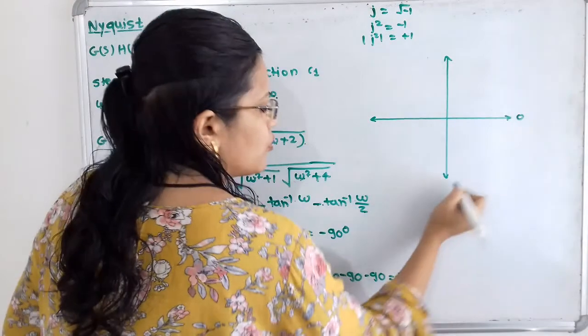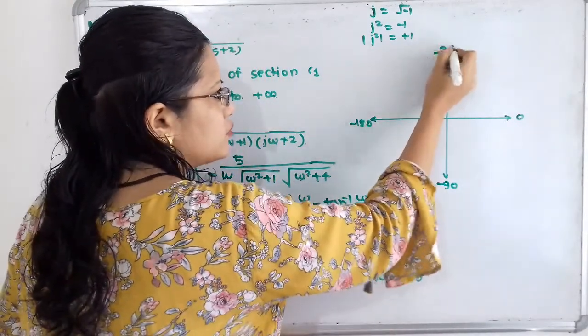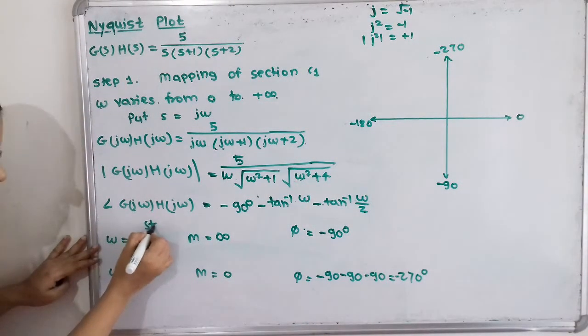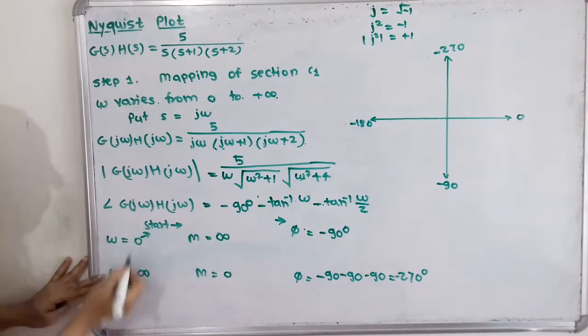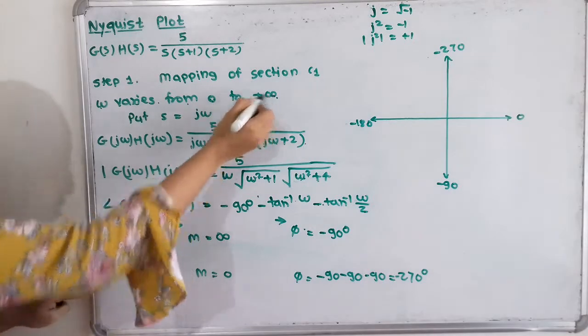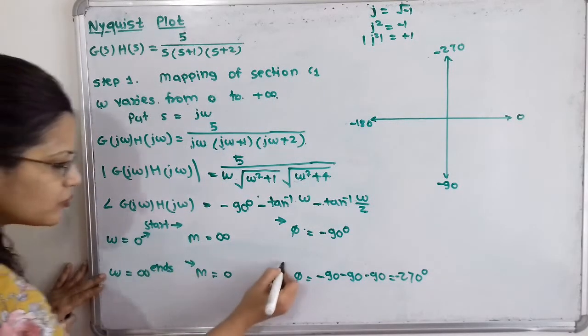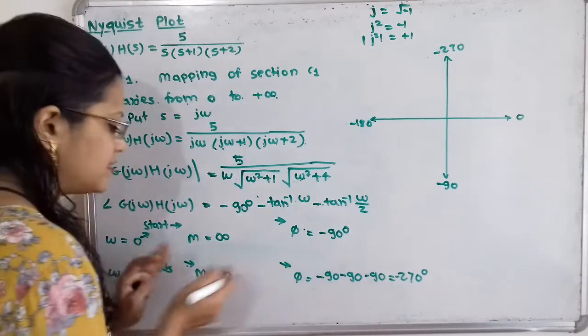So here 0, minus 90, minus 180, minus 270. Omega starts here, so this is the start value. Start point is 0, end point is infinity. So this magnitude and phase angle end at these points and these angles.